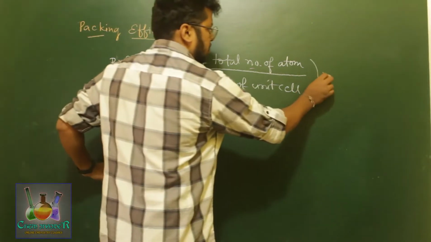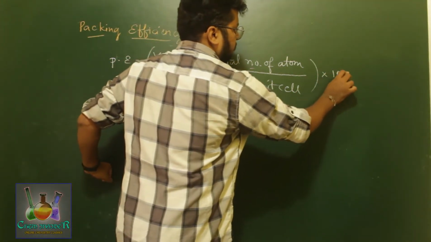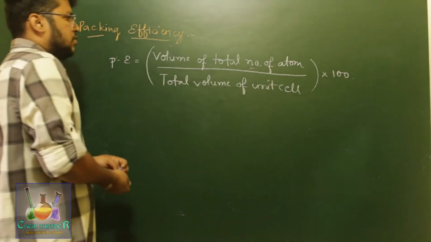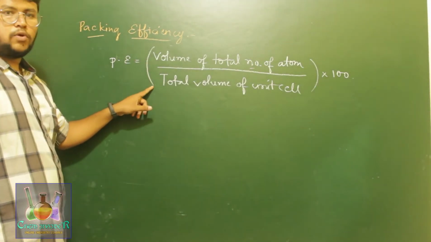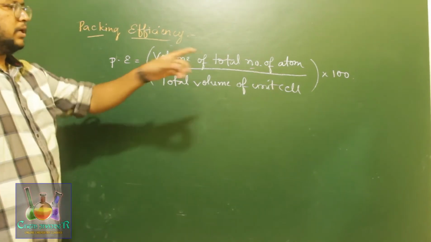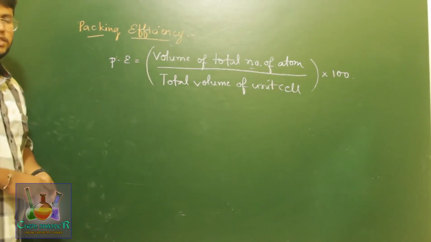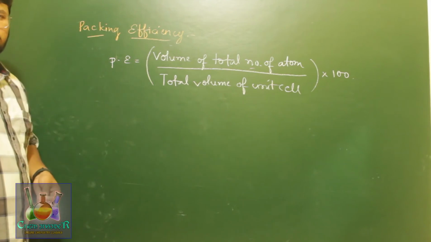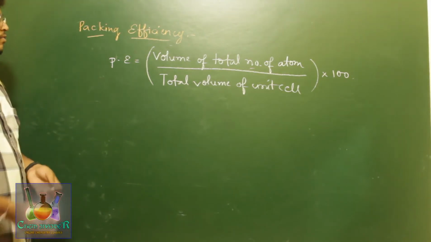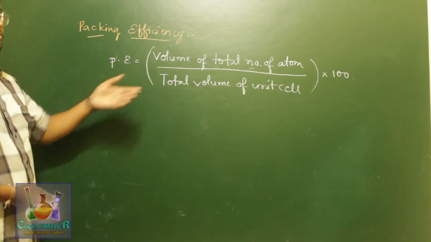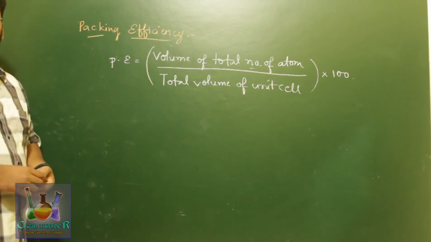Packing efficiency is expressed as a percentage, therefore we have to multiply it by 100. So volume of total number of atoms divided by the total volume of the given unit cell, multiplied by 100, gives us the packing efficiency. This is the mathematical expression for packing efficiency. If they ask what is packing efficiency, you can just write down this formula. That will be well and good.